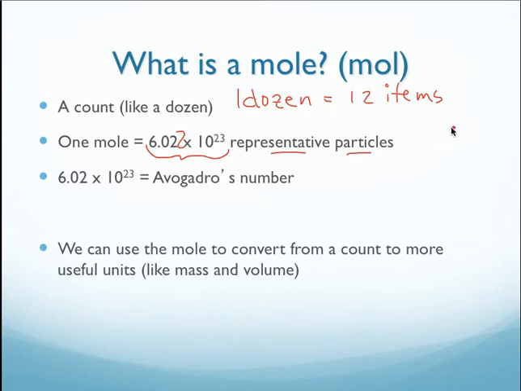So it represents either an iron atom or, 1 mole of hydrogen would represent 6.022 times 10 to the 23rd molecules. Okay? This number is known as Avogadro's number.